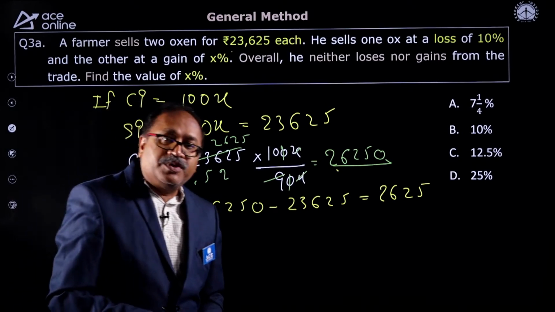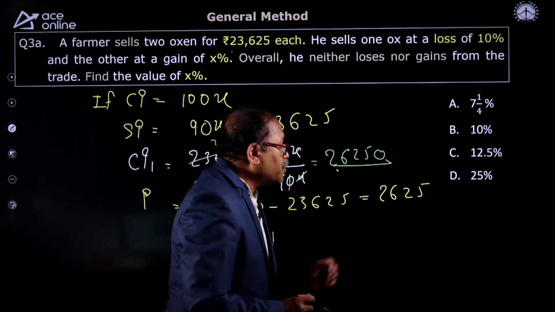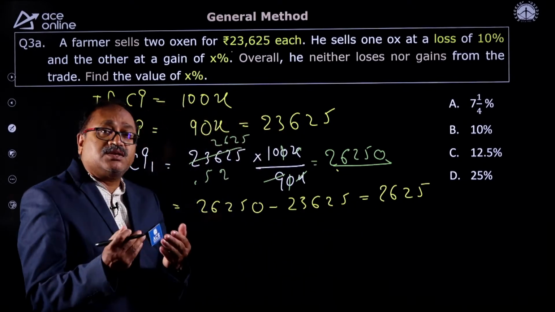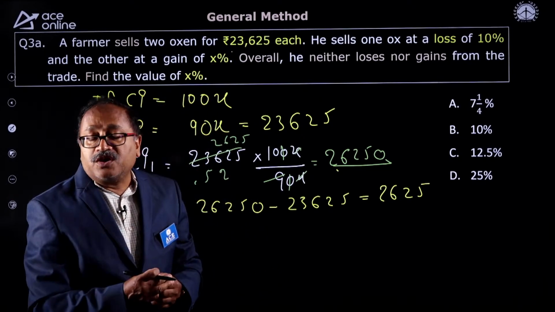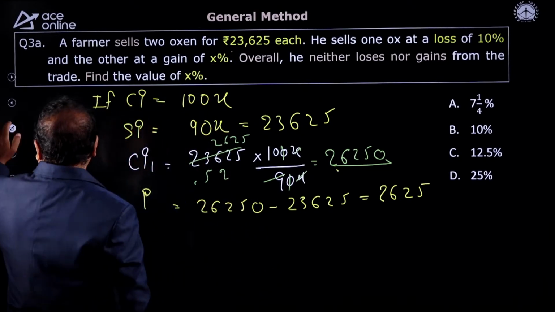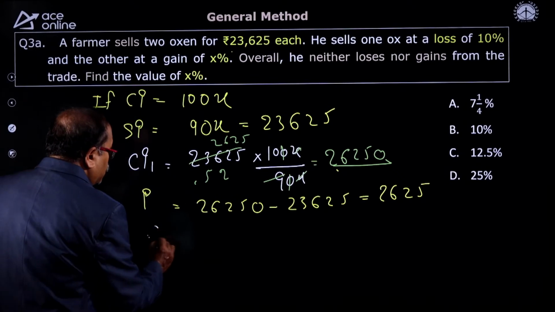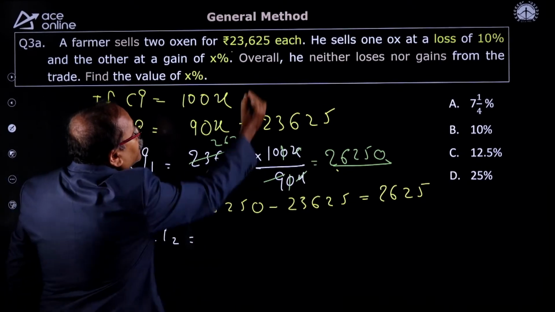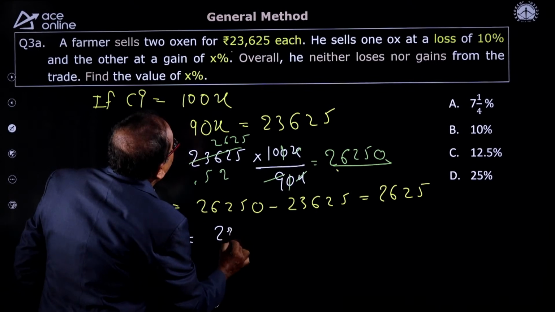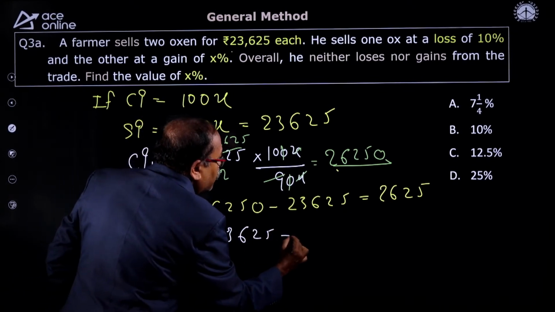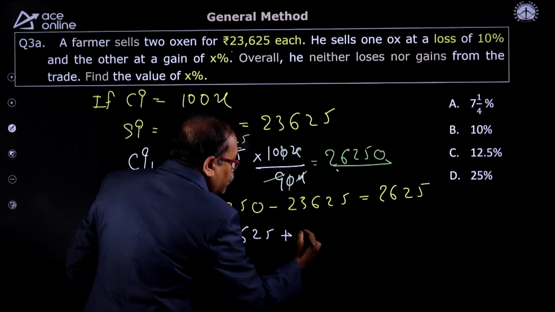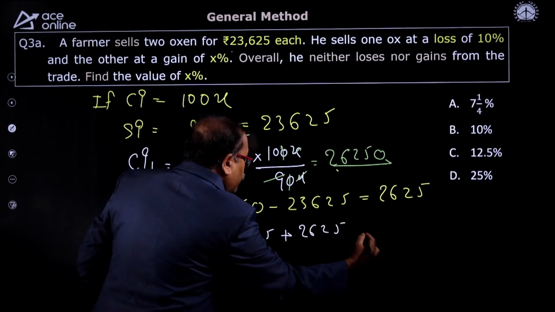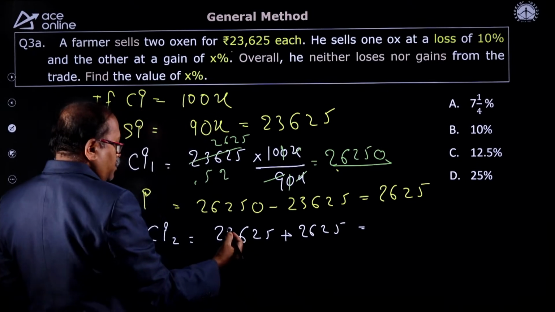Now what will be CP2? Whatever profit you are getting here, you are losing the same in the second one. So what will be the cost price 2? CP2 will be 23,625 plus the profit which you got in one, that is 2,625.